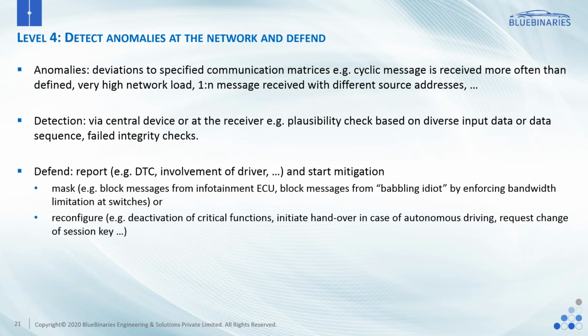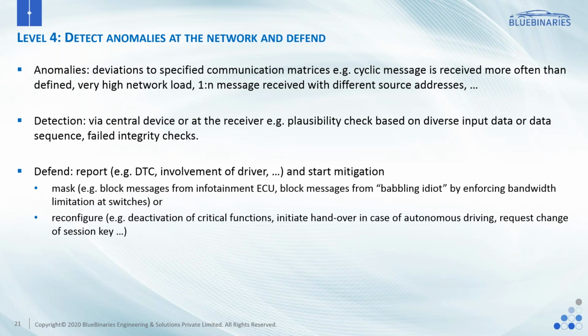And the last level of security which you can have in your architecture is how do you handle the detection of anomalies, and then how do you flag these anomalies, and then how do you defend them. Anomalies are specifically a deviation to a specific communication metric.